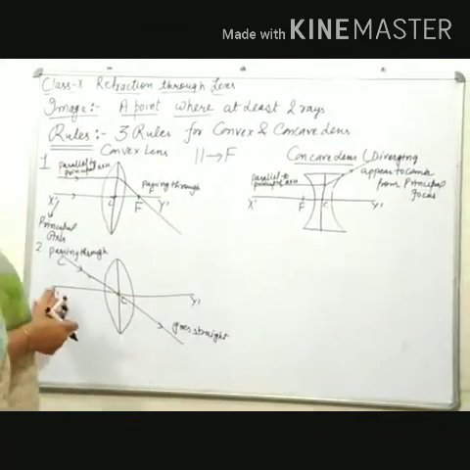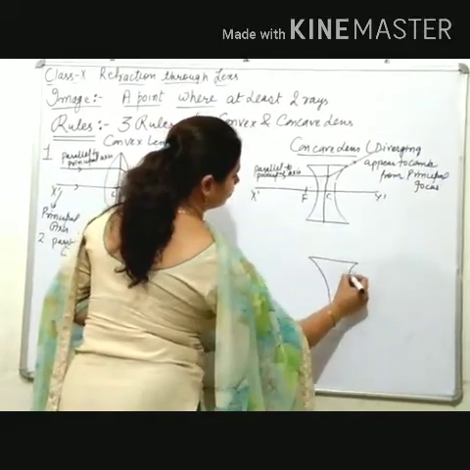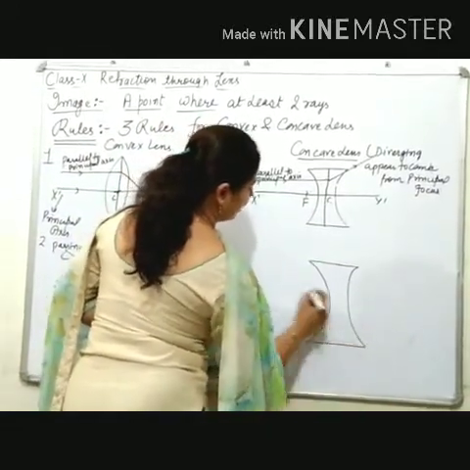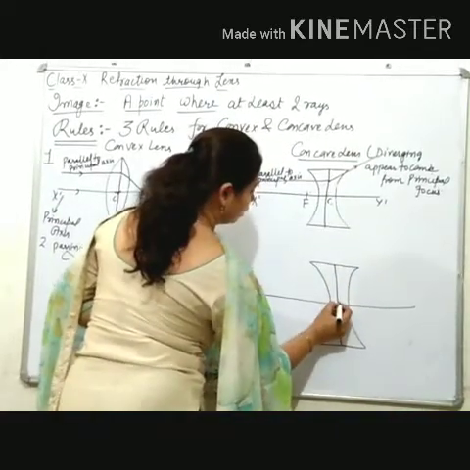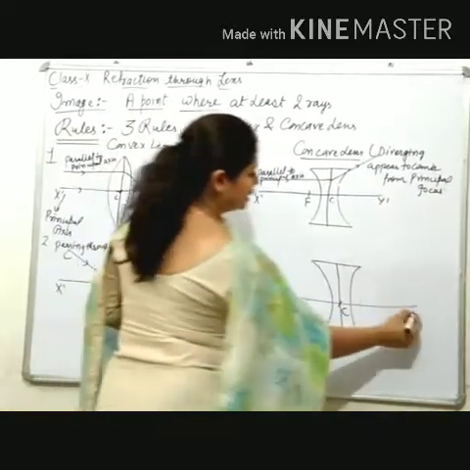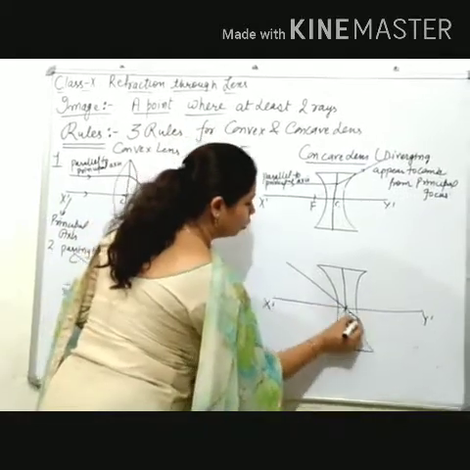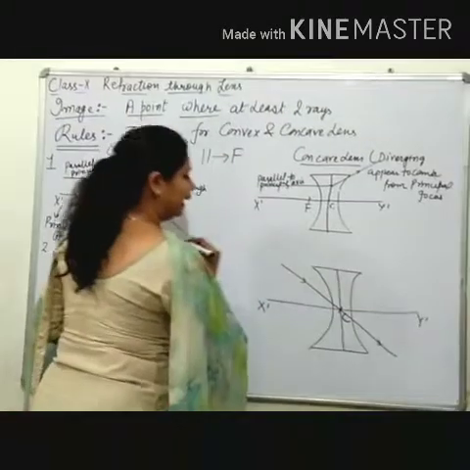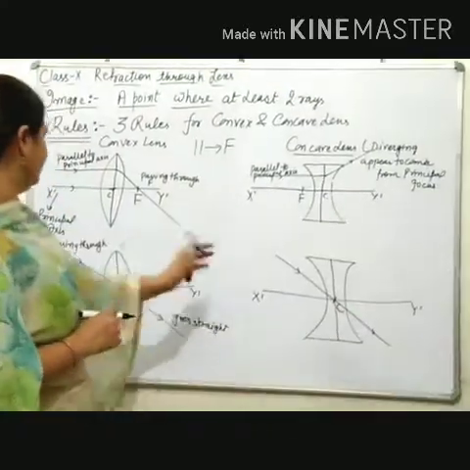Now, learning the same about concave lens. Concave lens, principal focus, aperture, cutting at a point, that is the optical center, x dash y dash. If there is a ray which is passing through the optical center, it goes straight. So this case is exactly similar in these two.